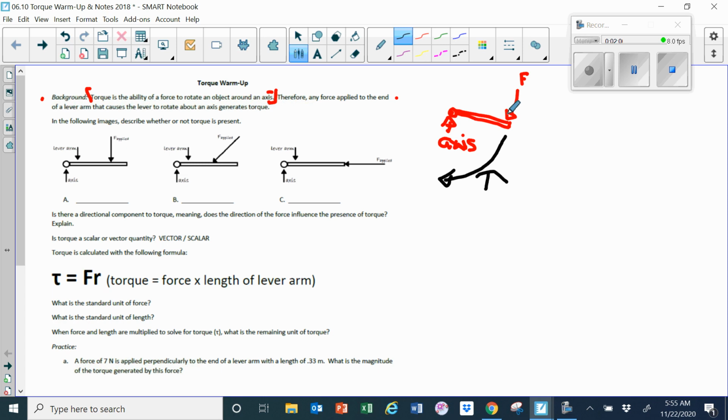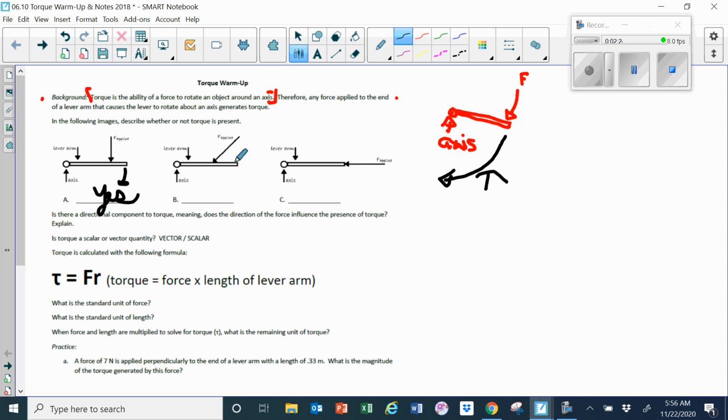It's really a force applied with a lever arm on an axis. It's basically a force applied that makes some kind of device turn. So in this case, there would be a torque, and this axis would turn like so.